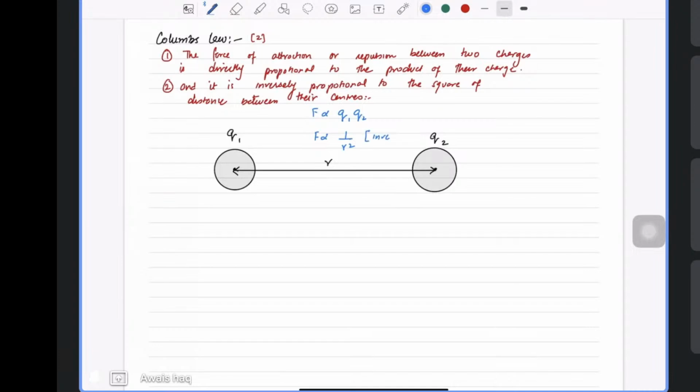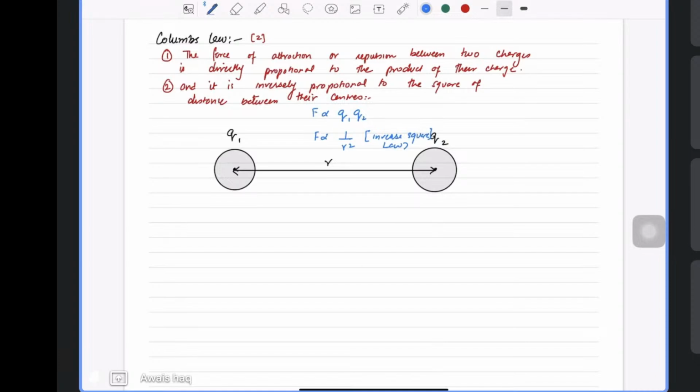This is also called the inverse square law. Alright, so do not worry if this word comes up. It's the same thing as the square of the distance between them.